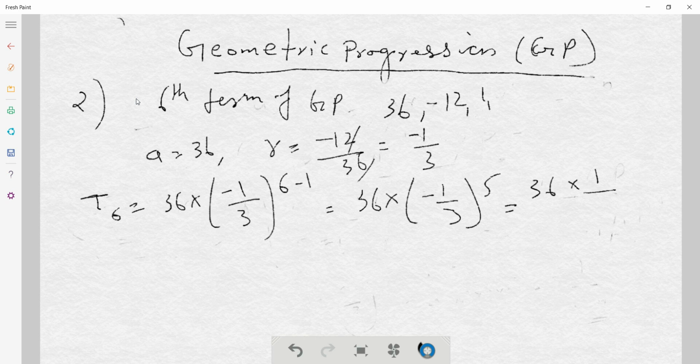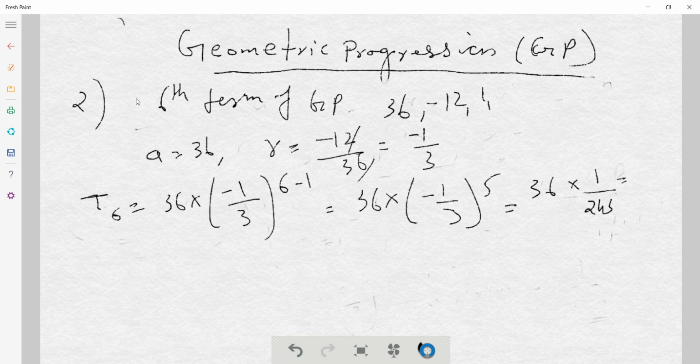It's approximately 3. Let me calculate. So 243, I presume. This is pretty straightforward.